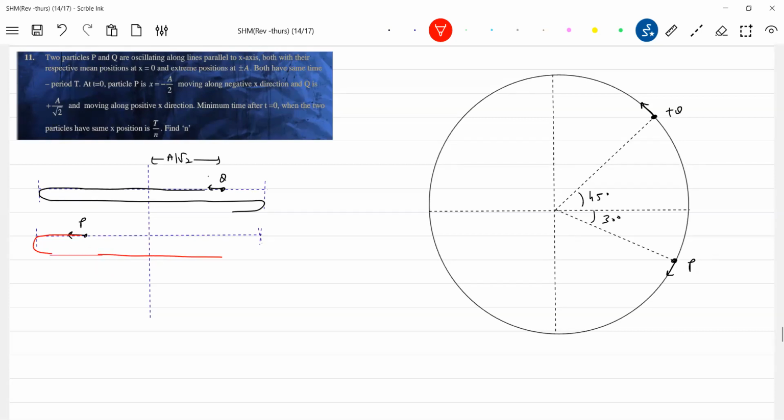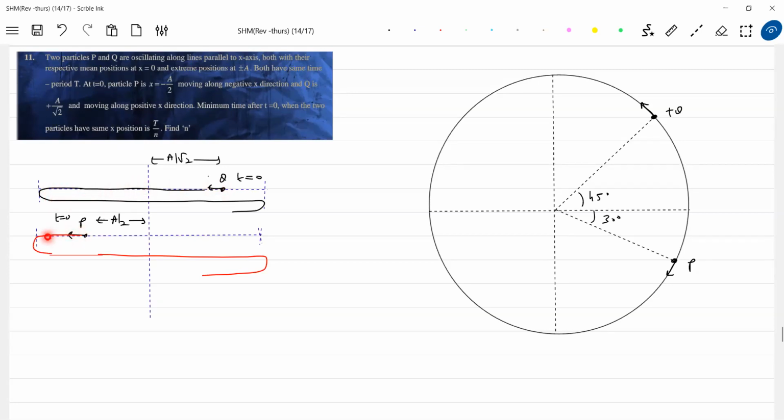So is there any possibility of them meeting? That is the primary question we have to ask. This is A by 2, this is at t equals 0. It can happen, no? Where can they meet now? Q will go like this and will be here.